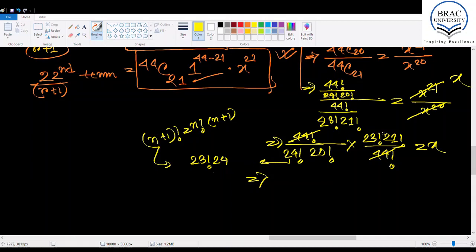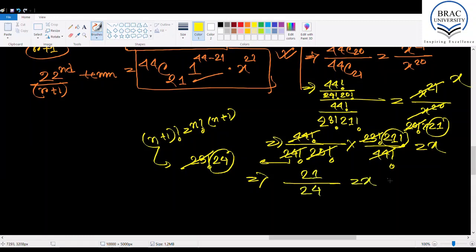So here we get a 23 factorial, it will cancel this and we'll be left with a 24 in the denominator. Again, this 21 factorial can be written as 20 factorial into 21. So we can cancel this 20 factorial and we'll be left with 21 on the upper side. So 21 divided by 24 equals x, that is 7 by 8 equals x. So this is the value of x, right? Okay, move to the next question.